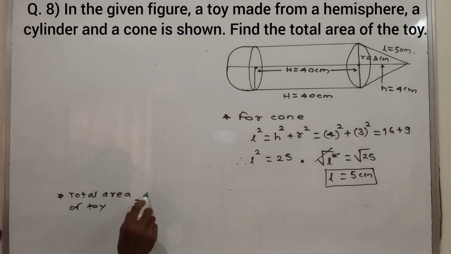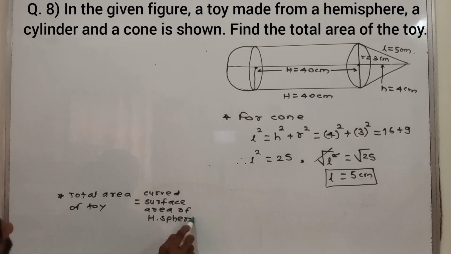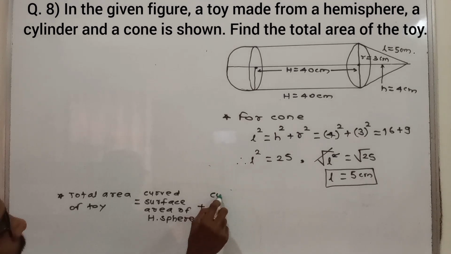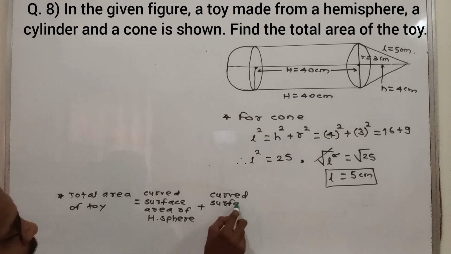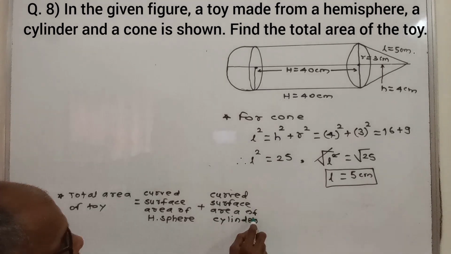Total area of toy is equal to curved surface area of hemisphere plus curved surface area of cylinder.